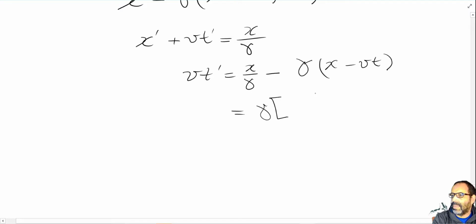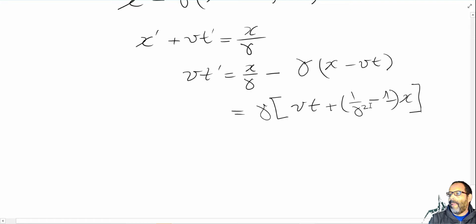Like I said, I have a minus and a minus, that's a positive vt. I started with t because it's easier. And then I have an x over gamma where I took another gamma out. So with a positive sign, that is 1 over gamma squared, and then I took that gamma out, so there is a minus 1 here, times x. Let's divide by this v, and we're done.